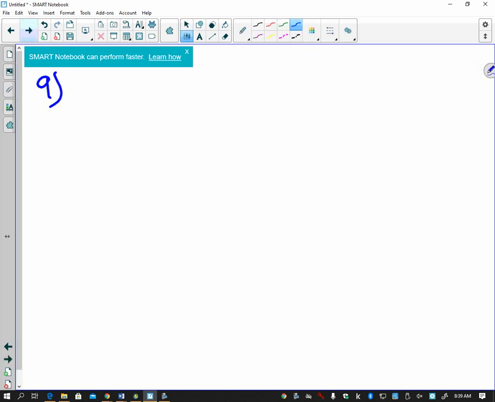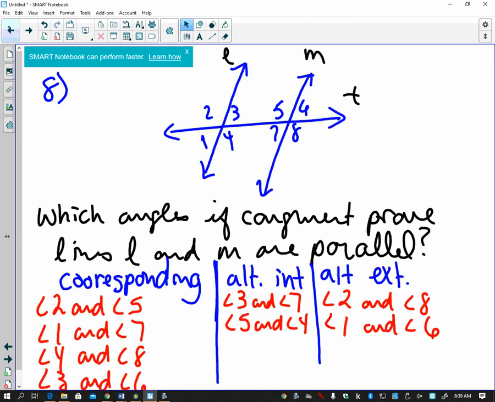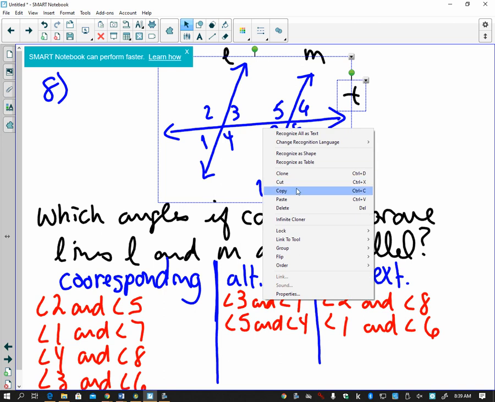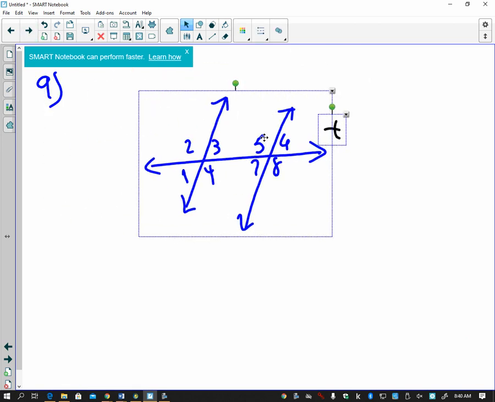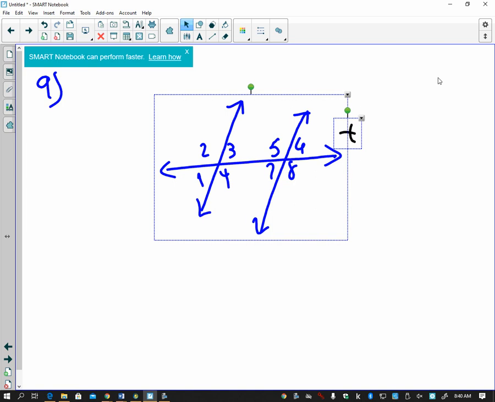Number 9. Number 9 is going to be based off of this question here. Let's call this L and M again.